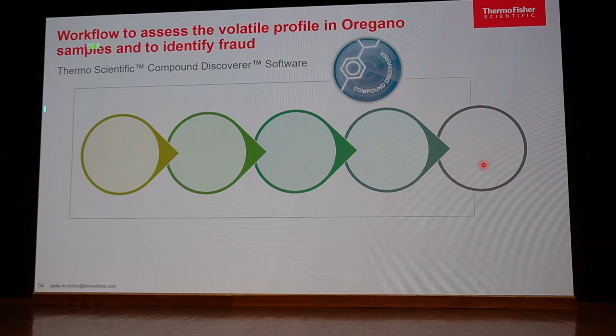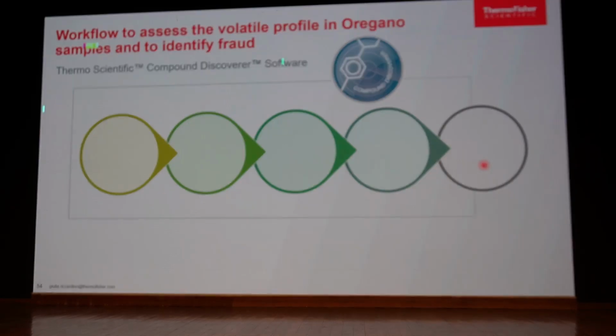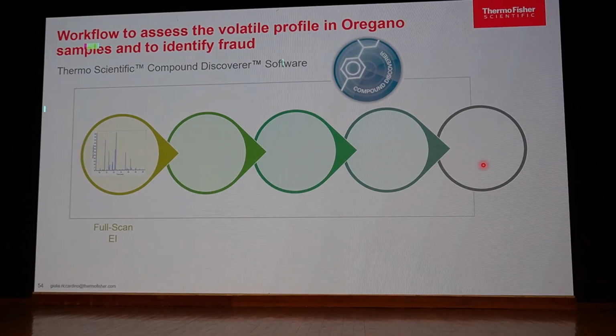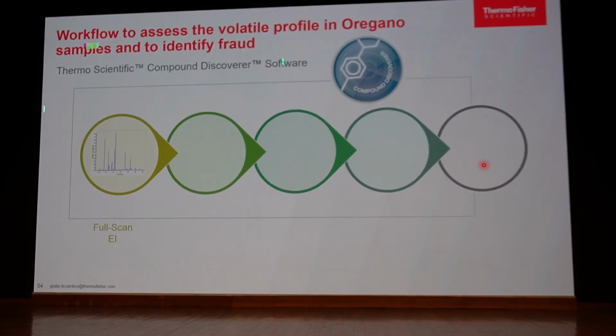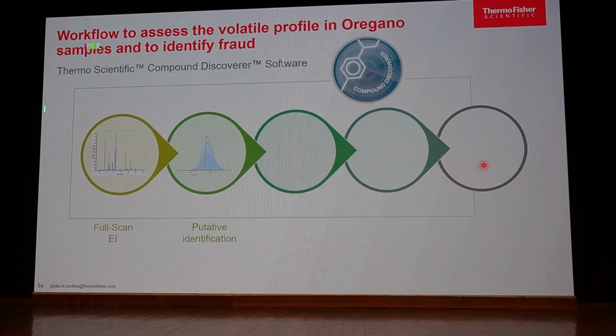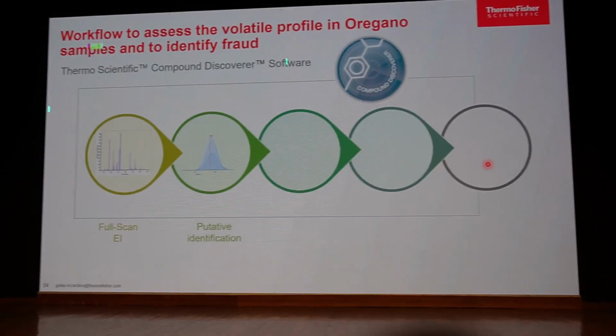But where you want to do full scan analysis through Compound Discoverer, you have full scan acquisition in electron impact ionization as an untargeted approach. There is no target, so you set up a full mass range depending upon your molecular ion range, and then you acquire the data, and based upon that data you get purity or tentative identification based upon the library.